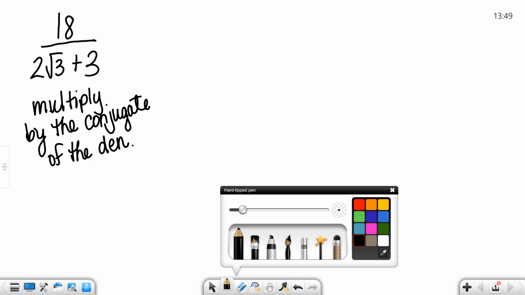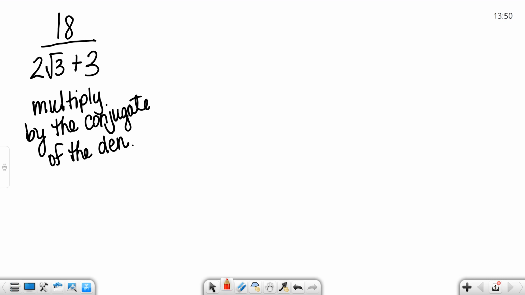So the conjugate of our denominator is 2 on the square root of 3 minus 3. Whatever you do to the bottom, you have to do to the top.